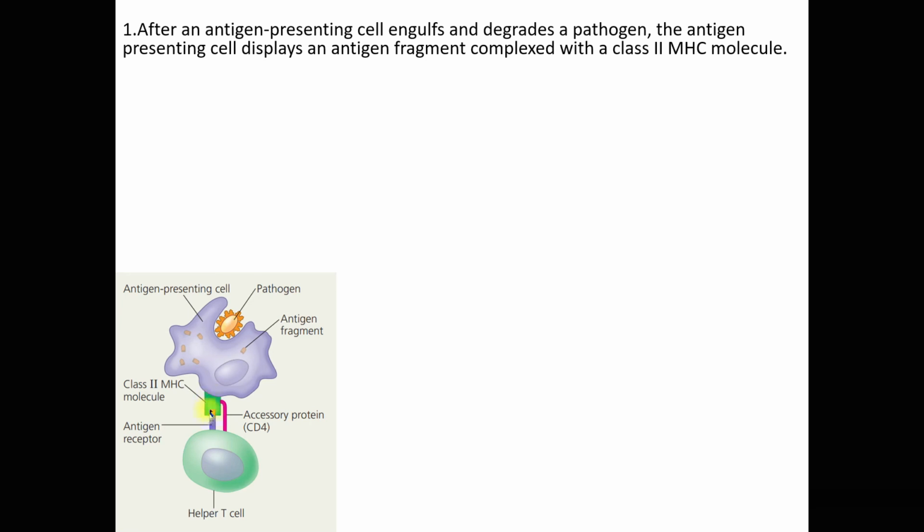Okay, so this is the antigen class 2 MHC complex, which will bind with the antigen receptor of the helper T cell, and from here the helper T cell will be activated and cell signaling will take place, where the helper T cell secretes interleukin 1 to the APC, the APC secretes interleukin 1 to the helper T cell, and then the helper T cell also secretes interleukin 2 to the B cell.